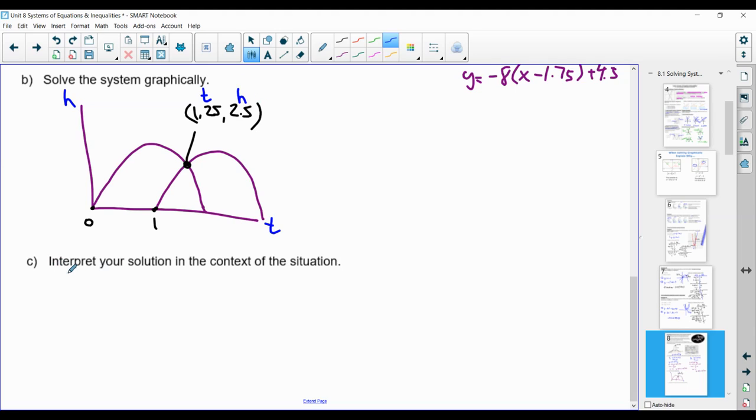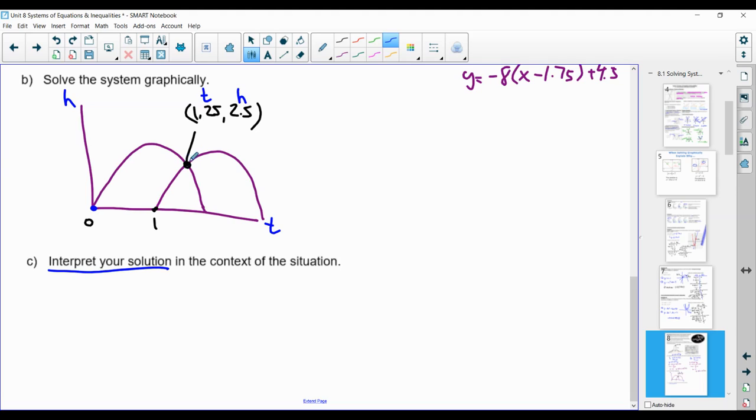So when this intersection point occurs, it's happening 1.25 seconds after the first acrobat took off, because he took off at time 0, they intersect at time 1.25. So it's happening 1.25 seconds after the first acrobat takes off. And if the other one took off at 1, that means it's happening 0.25 seconds after the second one took off.